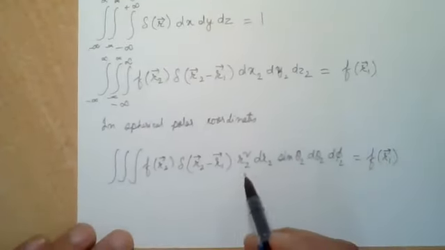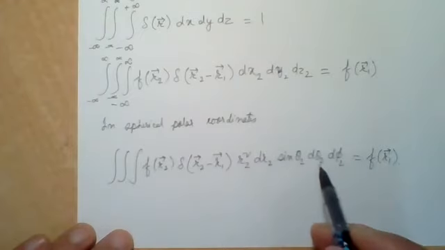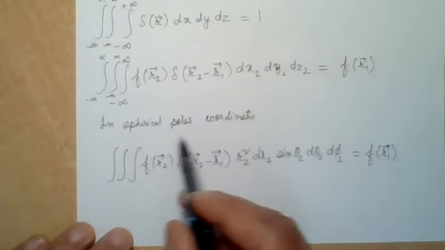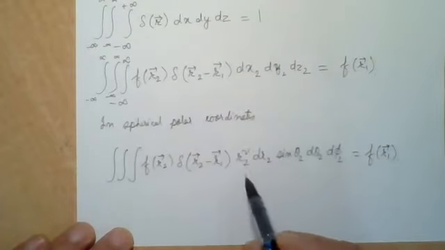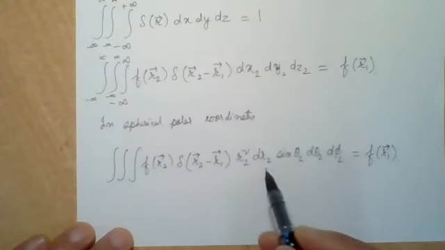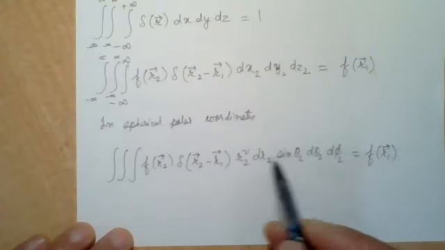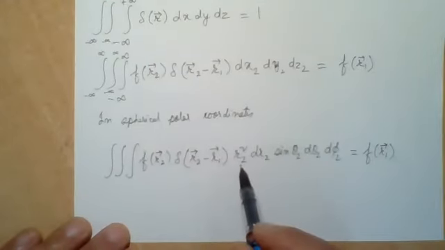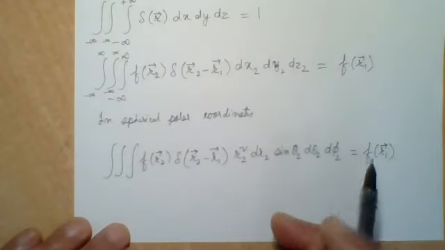This r square sine theta dr d theta d phi is the volume element in spherical polar coordinates. I repeat, r square sine theta dr d theta d phi is the volume element in spherical polar coordinates. So we have the extra terms r square sine theta.